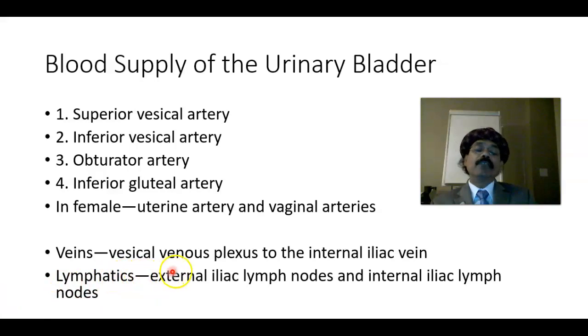Okay, venous drainage will go to the vesical venous plexus. Ultimately, it will open into the internal iliac vein. Lymphatics will go to the external iliac lymph nodes, internal iliac lymph nodes, and also to the lumbar lymph nodes.